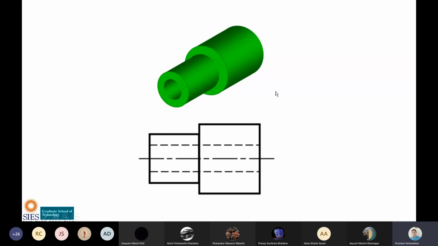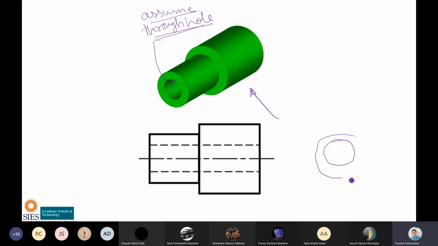Now see this. If I am drawing from here, what will be the front view? One rectangle, a second rectangle, and then there is a hole here. This is a through hole. Nothing is specified, the length of the hole is not specified, so assume it as a through hole. And from the side view, you will see a circle, then another circle, then a third circle, and a fourth circle.